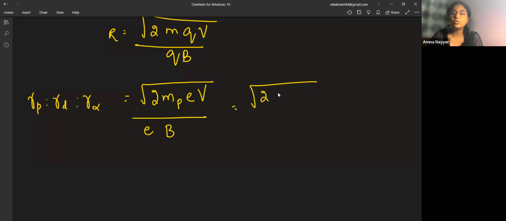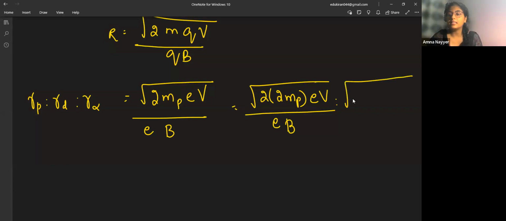This is 2 times the mass of proton, charge is same, potential is the same, magnetic field. Now for alpha particle, this becomes 4 times the mass of proton, charge is also double, V by charge is double into magnetic field.